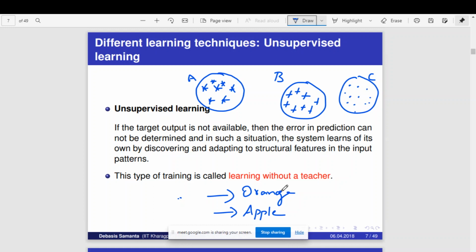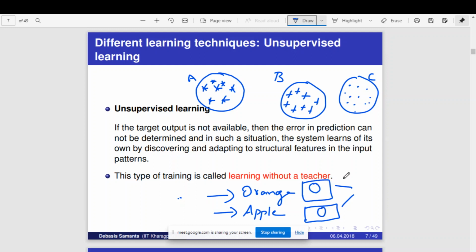Actually the algorithm does not know the terms orange and apple, but after giving 10 inputs, 20 inputs, or 30 inputs, the algorithm will understand that this first input is different from this input. You are giving images of the fruit orange and images of the fruit apple. The algorithm will start differentiating, and it will understand that this image is different from this image.